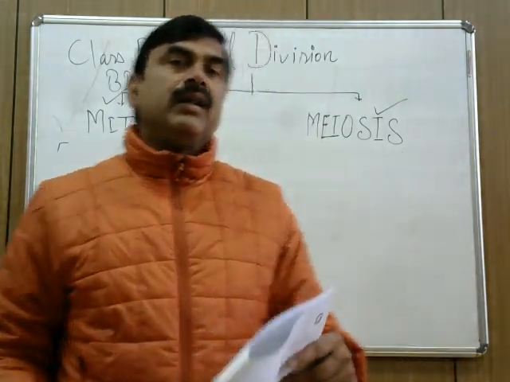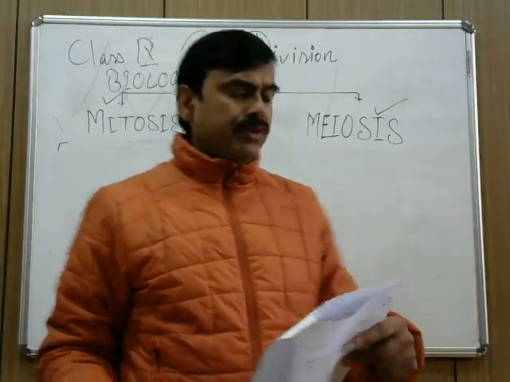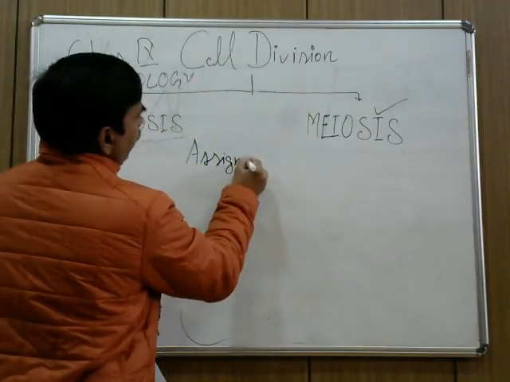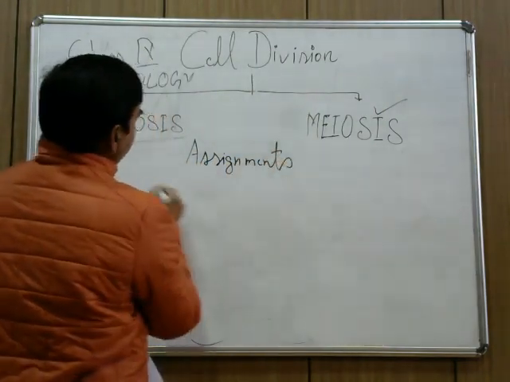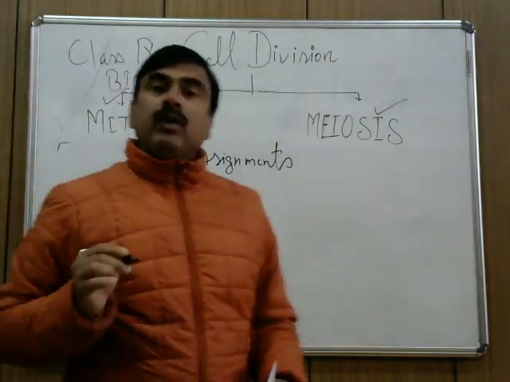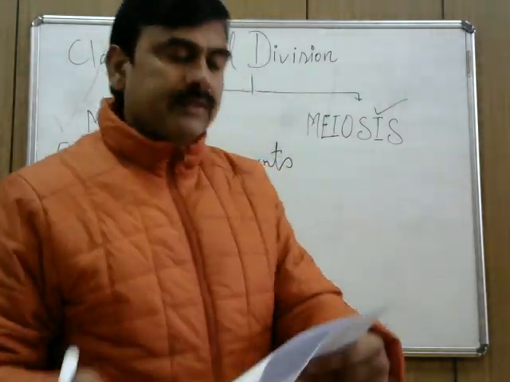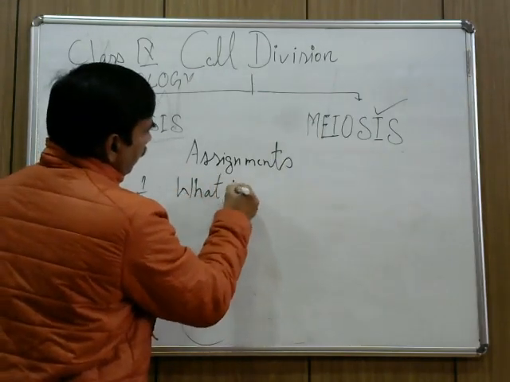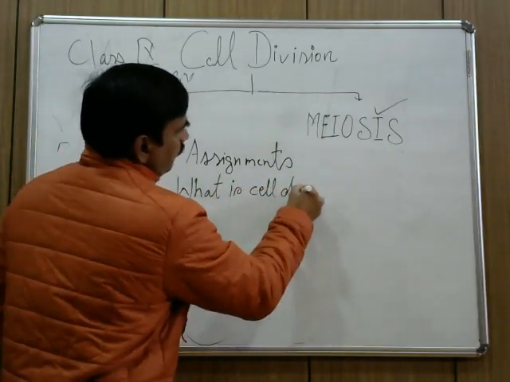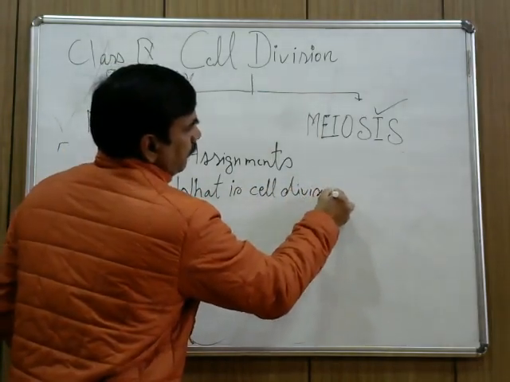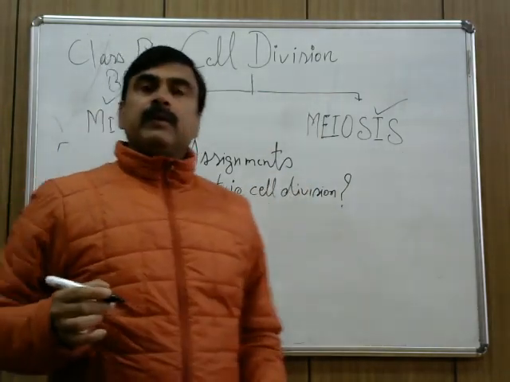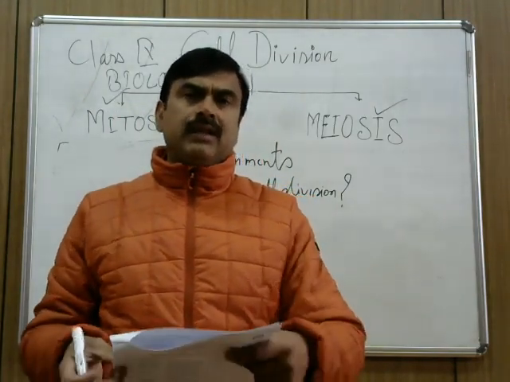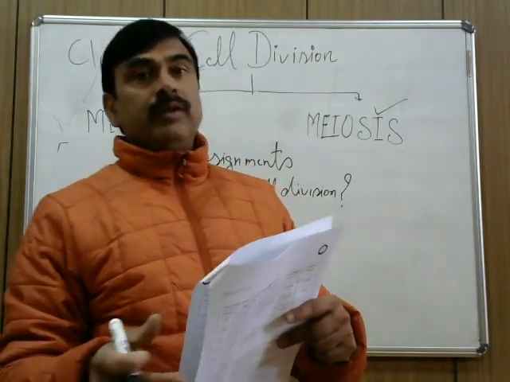The first is a very simple question I am going to give you: what is cell division? What is a cell? Division of a cell into two daughter cells is called cell division. You have to do it on your own.